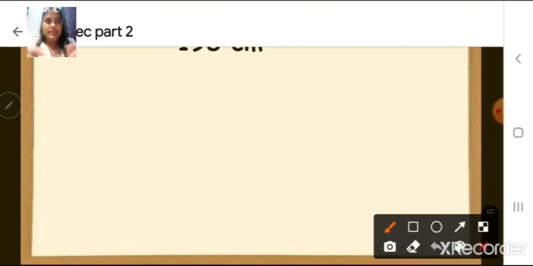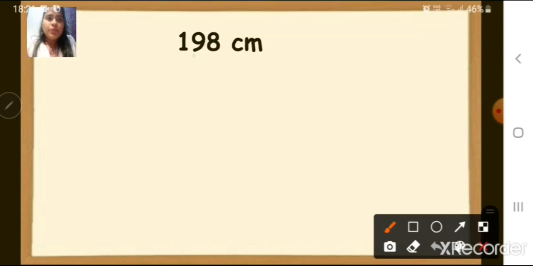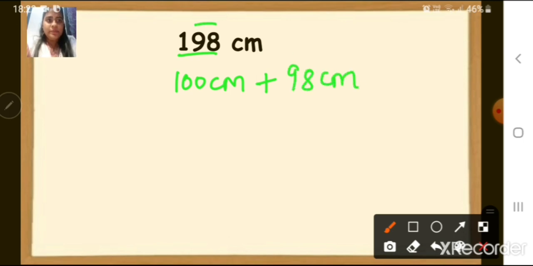The first thing is, we are going to expand this number in hundreds place. We have learned expanded form, correct? If we expand the number in hundreds place, 1 is in 100 place. So it is 100 centimeter plus what is remaining here, 98 centimeter.